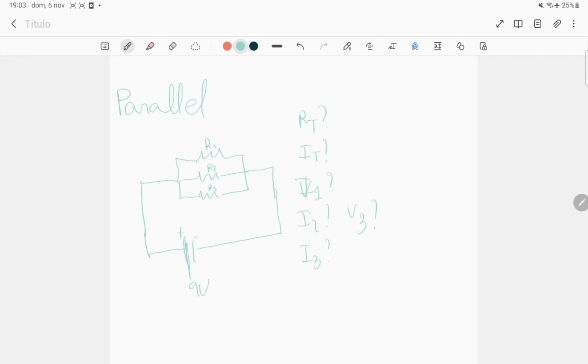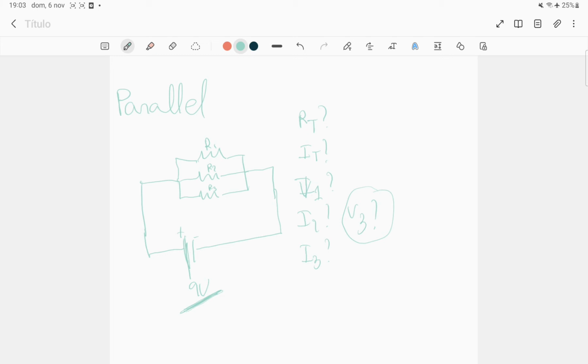Okay, this is so easy, V3, because it's the same as the total one, because we are in parallel and voltage is the same in every point of the circuit, as you remember, or as you have to remember. If you don't remember this, please review.